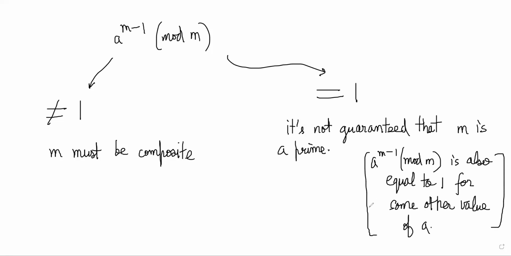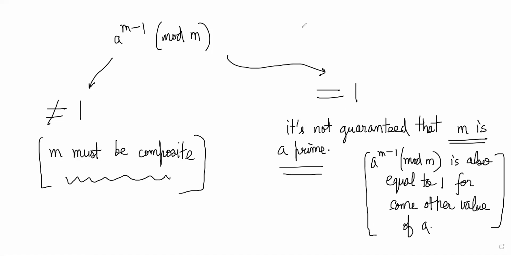If it comes out to be 1 for all the values of a, then it is a prime. So it's not guaranteed that m is a prime here if it is equal to 1. If it is not equal to 1, there is a guarantee that it must be composite, right? This is a consequence of Fermat's theorem.